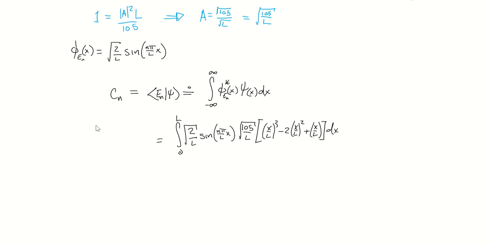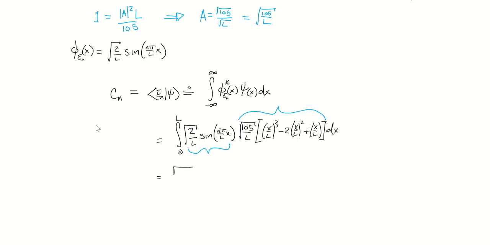So what we have is our wave function and our energy eigenfunction there, and we're just integrating over all space, but since it's only finite in the well, we're integrating over the well.